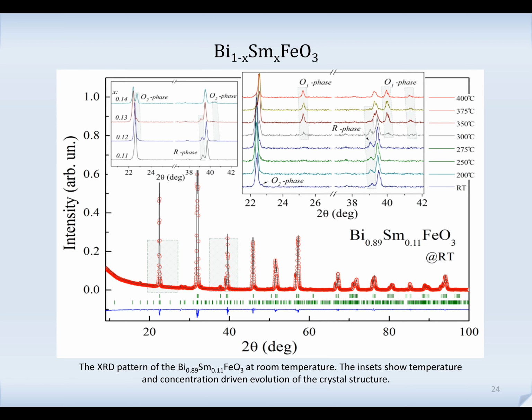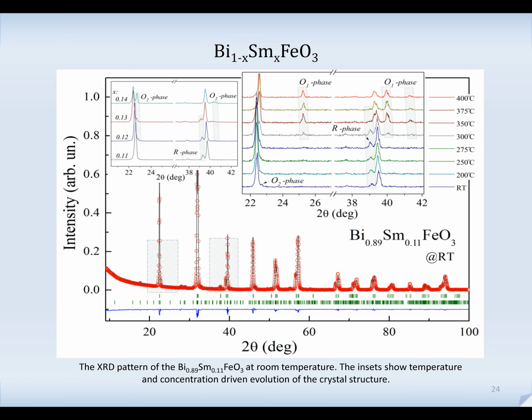Moreover, if at room temperature we have a mixture of R and O2 phases, at elevated temperature we have a single-phase compound, but the structure is different, O1, non-polar orthorhombic. The situation resembles what we already observed for lanthanum- and praseodymium-doped compounds, and we found that 14% of samarium content means we have a single-phase antipolar orthorhombic structure.